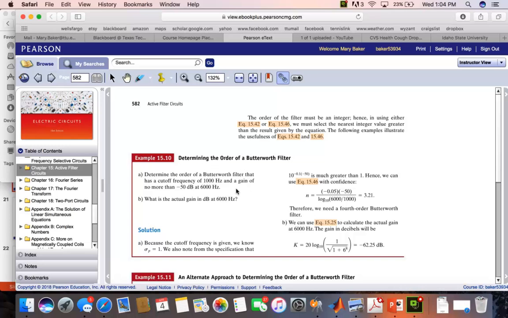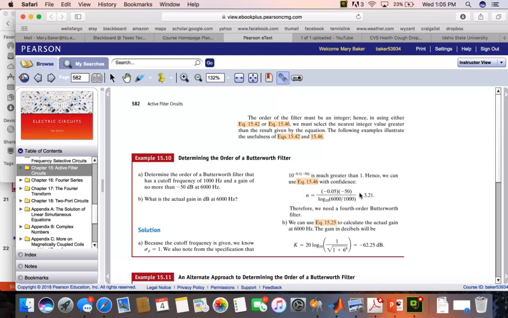So here's an example of that. We have a cutoff frequency of 1000 hertz. You would like a gain of no more than minus 50 dB at 6000 hertz. And then finally, what is the actual gain in dB at 6000 hertz? So the cutoff frequency is given, so you can let sigma P equal 1. The 10 to the minus 0.1 AS is much greater than 1, so you can basically use that equation that was given on the previous slide.